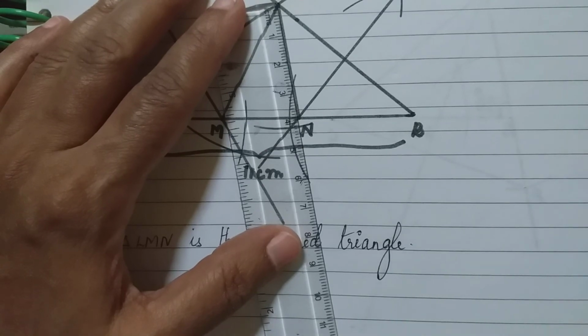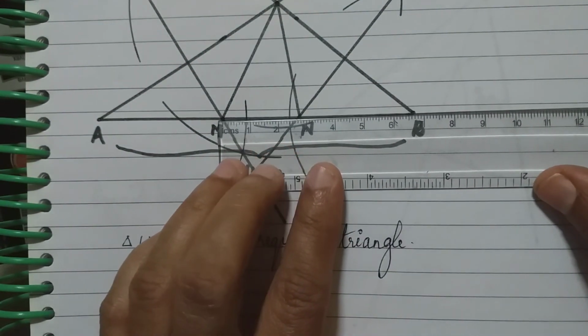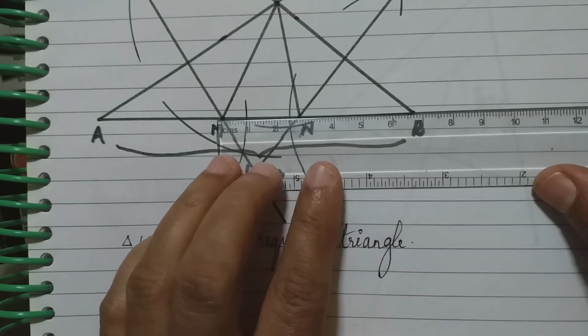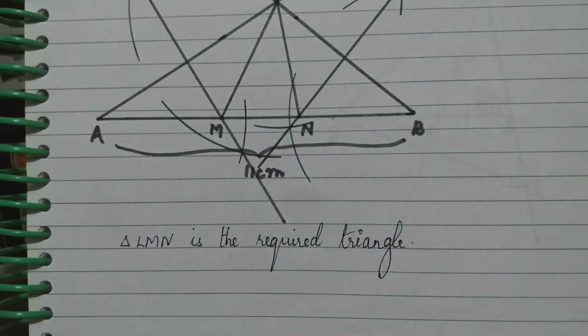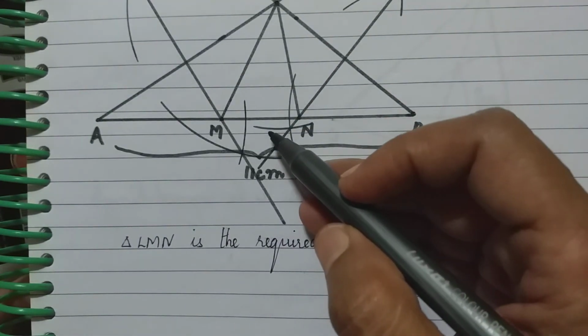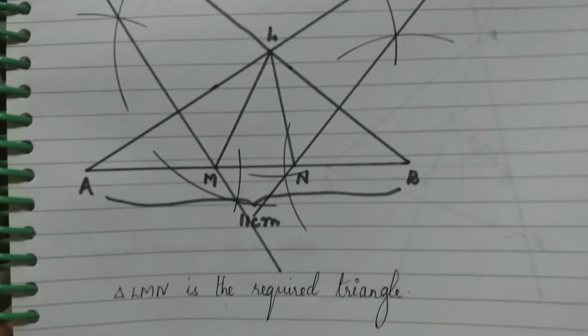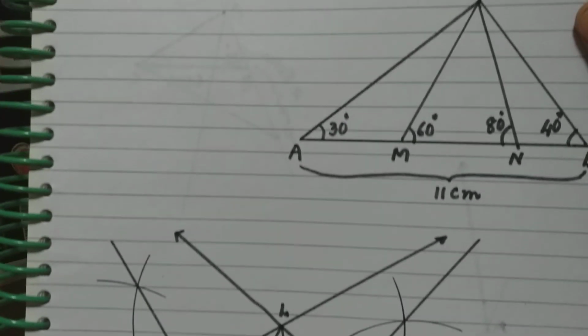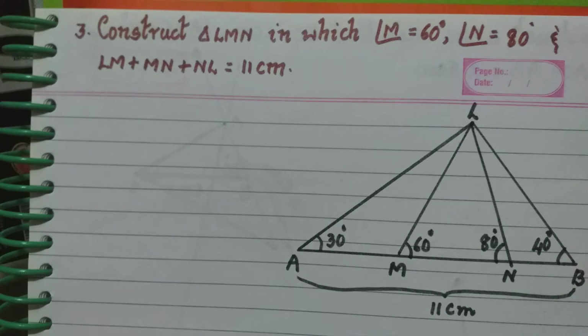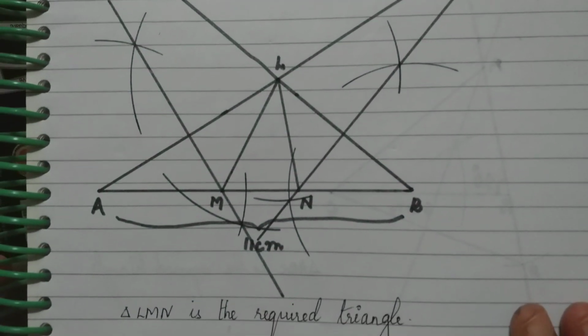So 4 and 4 is 8 centimeters. Then we look at the base. It is 3 centimeters. So 4 plus 4 is 8, plus 3 is 11. So it is 11 centimeters, and the perimeter given here was 11 centimeters. So this construction of triangle LMN is right.